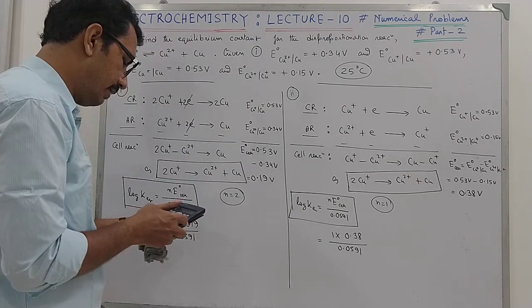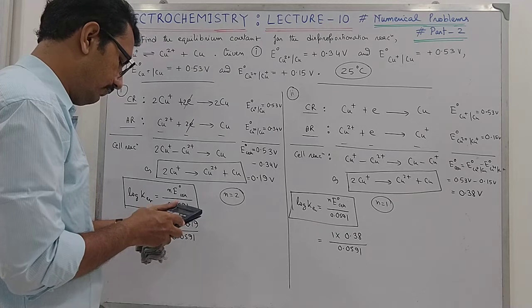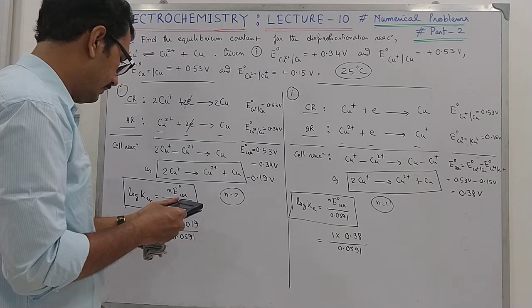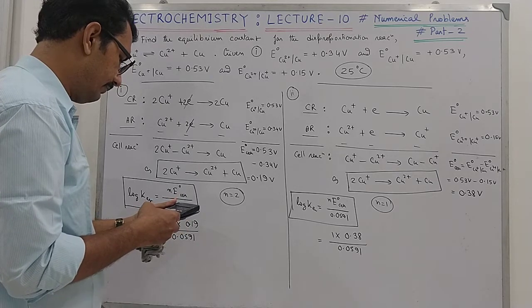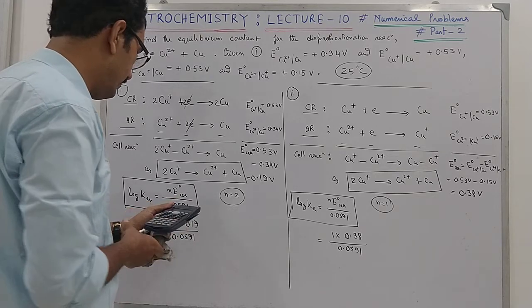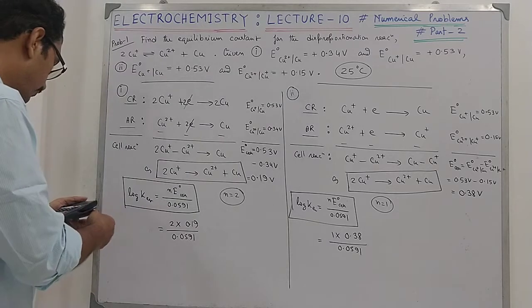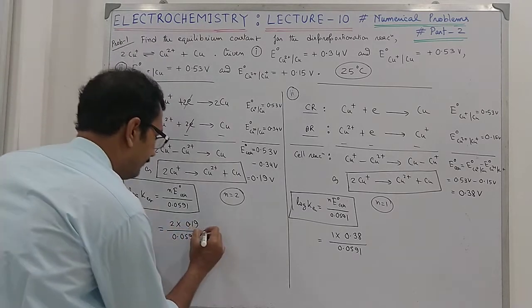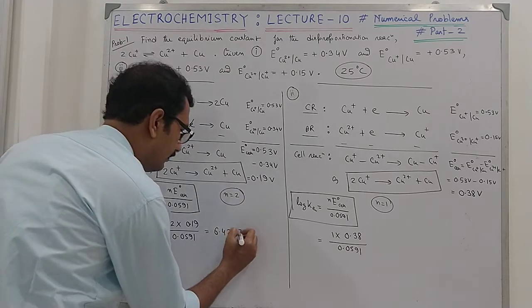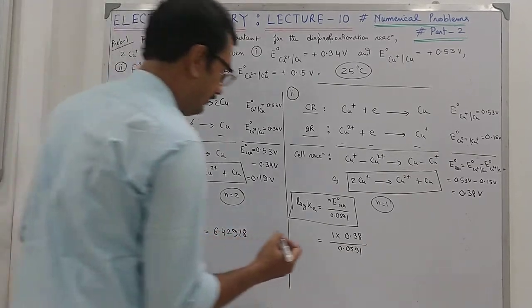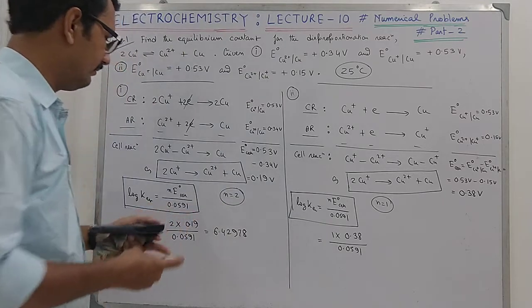Now 0.19 into 2 equals this one divided by 0.0591, so it is 6.42978. Now I am finding this one.